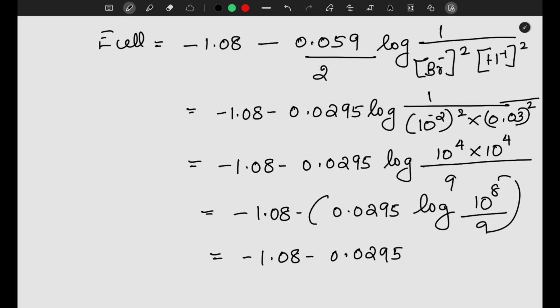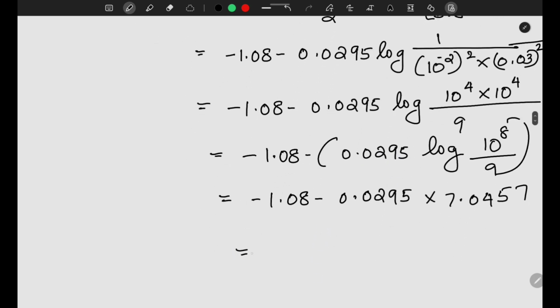So we will get log 10 raised to 8 by 9 as 7.0457. That is equal to minus 1.08. The second quantity is also a negative quantity. So the overall value is negative. So this reaction is not feasible.